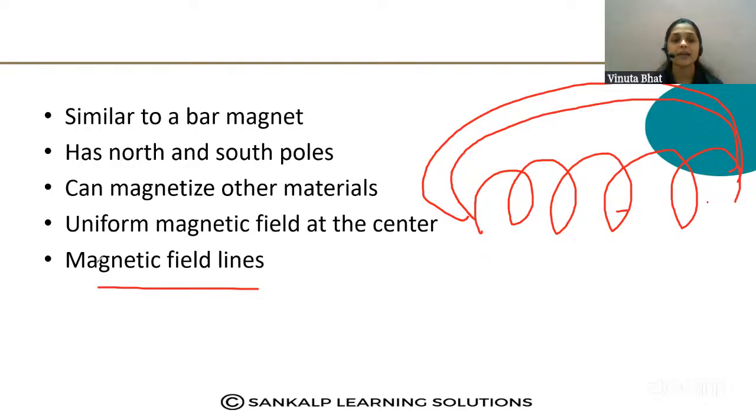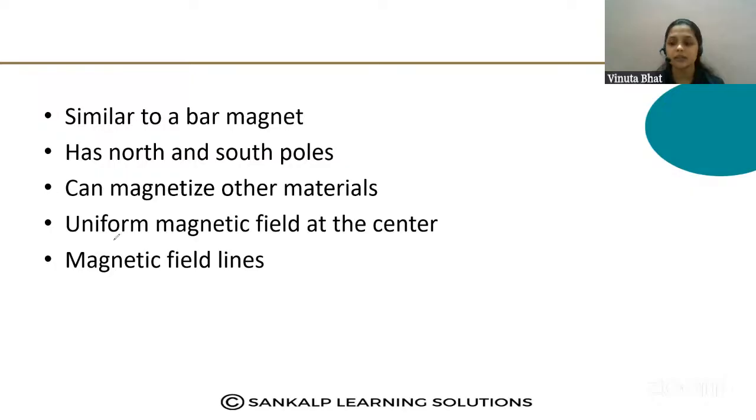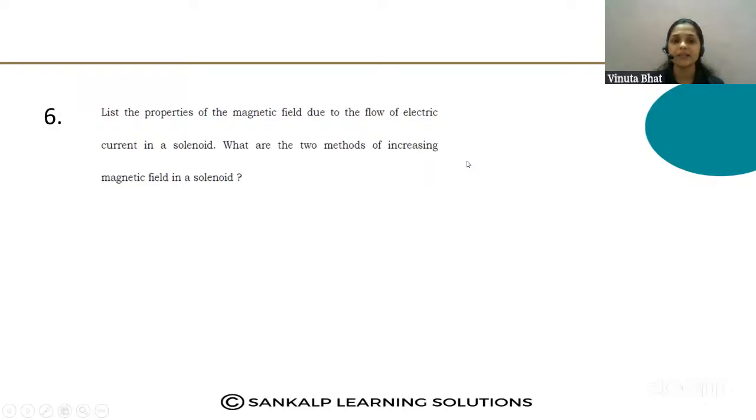So these are the characteristics, the properties of the magnetic field due to the flow of electric current in a solenoid.